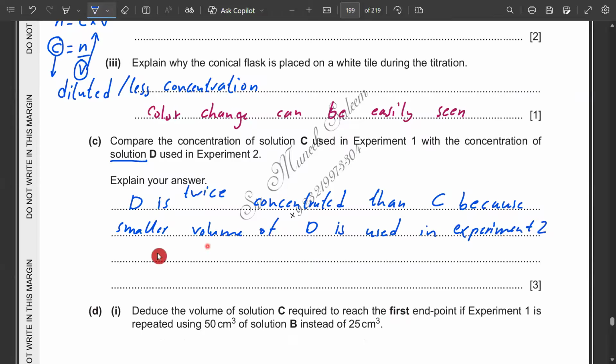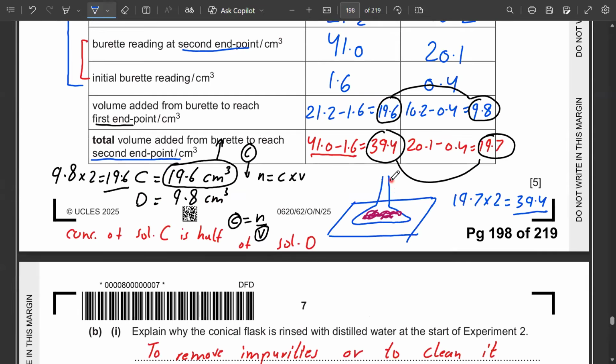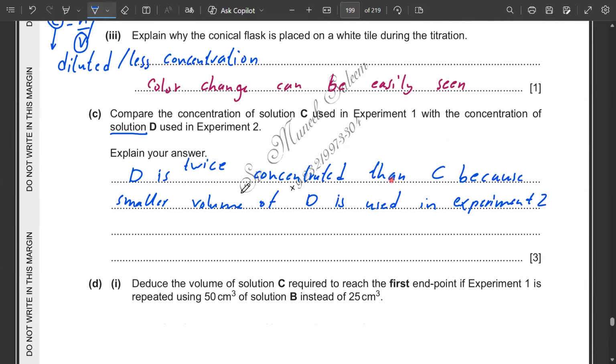And also you can write your answer in terms of the calculation, that is, either use these values 19.6 and 9.8. You can write 9.8 times 2 is equal to 19.6. This belongs to D, this belongs to C, centimeter cube, and this one also centimeter cube.